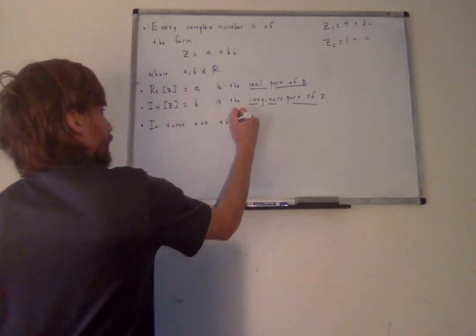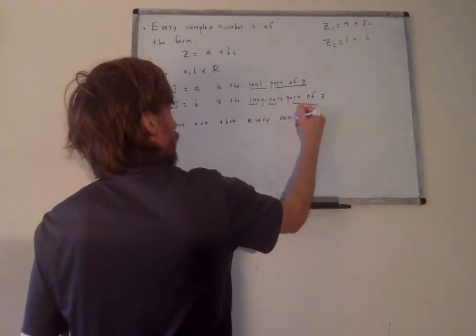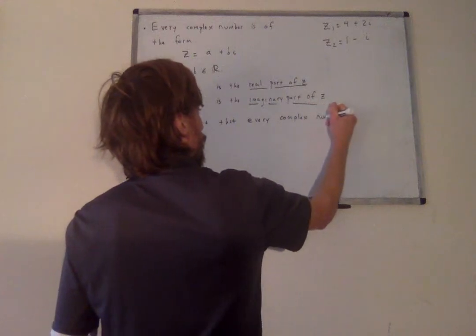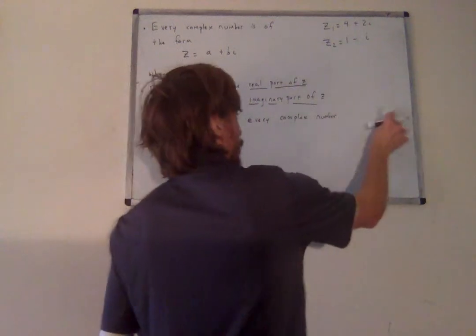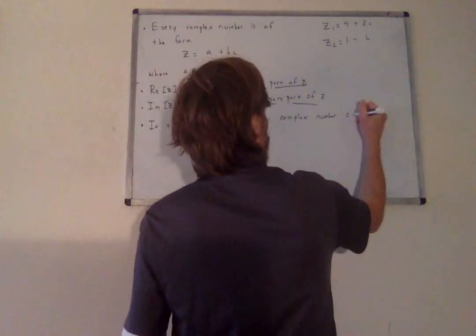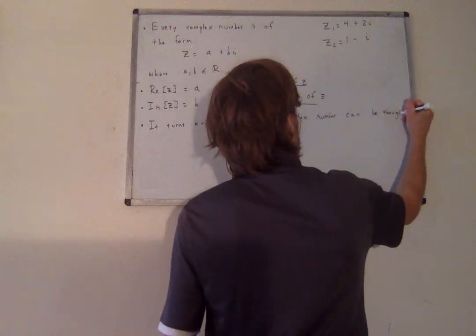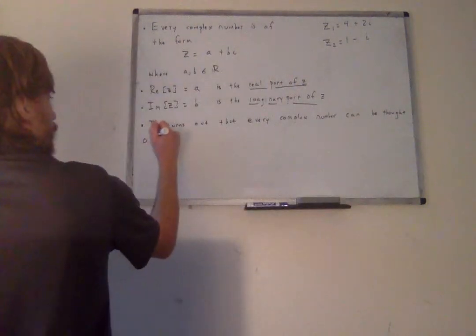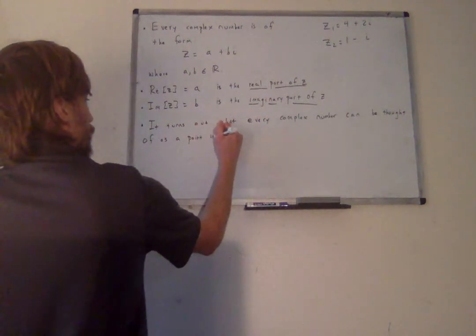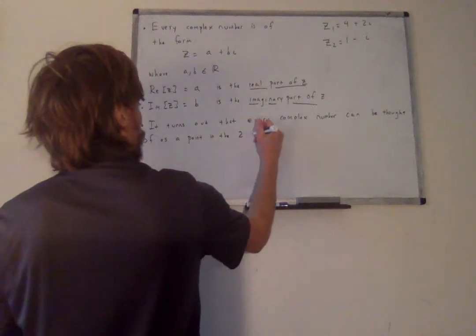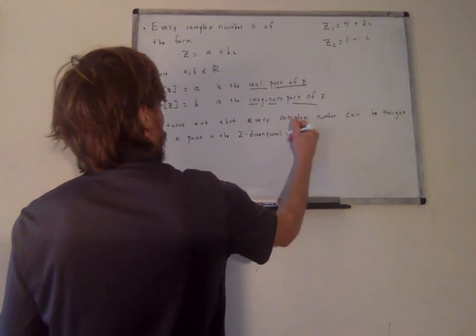But what this allows us to do is look at the fact that every complex number can be thought of as a point in the two-dimensional plane.